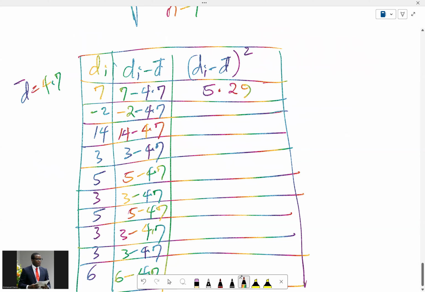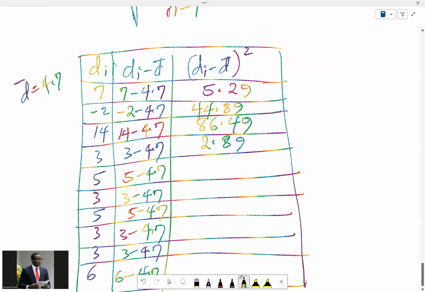Then what about minus 2 minus 4.7? Minus 2 minus 4.7 squared is 44.89. Then 14 minus 4.7 all squared is 86.49. Then 3 minus 4.7 squared.